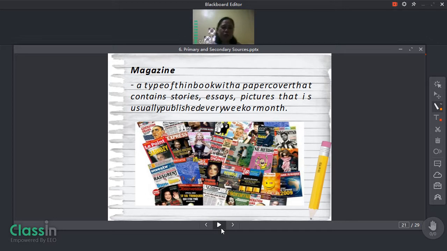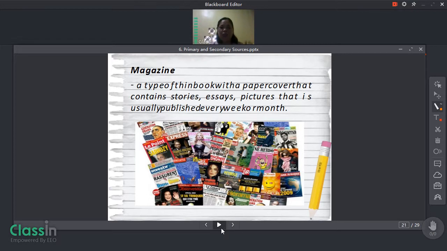Can you see now the difference between the primary and secondary sources of information? And can you figure out now how it relates to our lesson, the comparative thinking skills? Yes, since we are talking about comparison, comparative thinking skills, the similarities and differences of things, ideas, or information. So look at the primary and secondary.